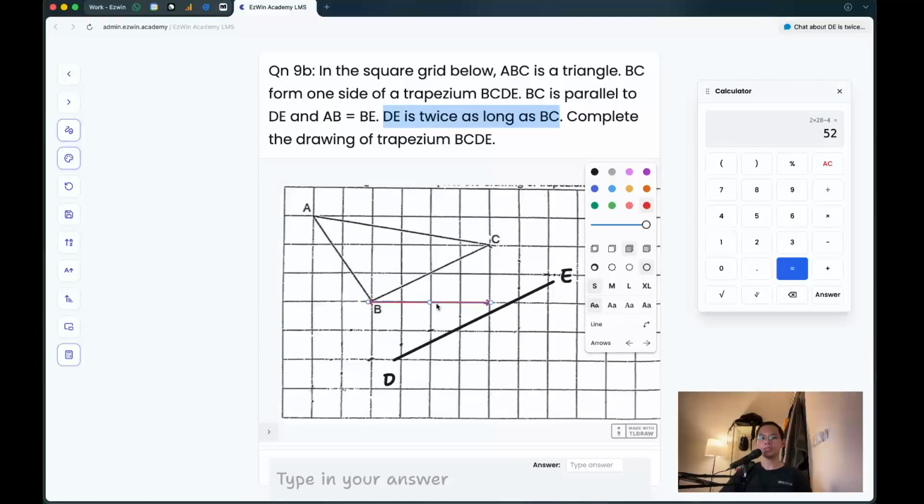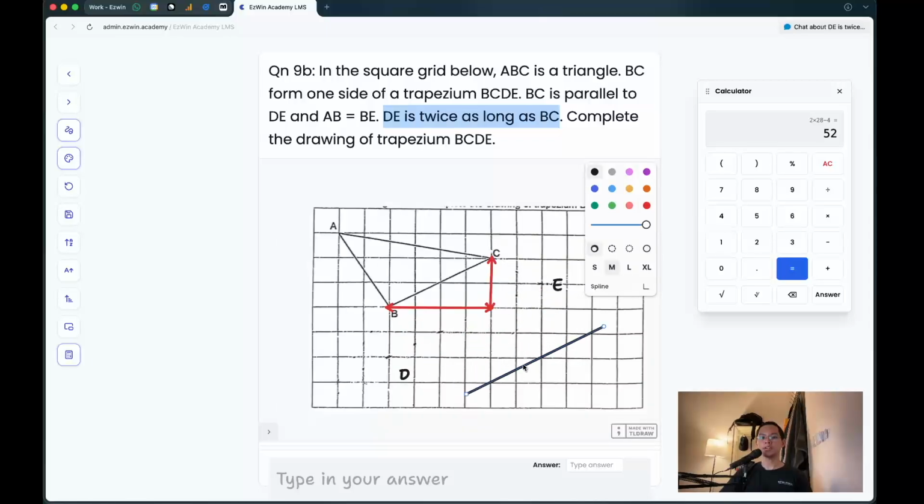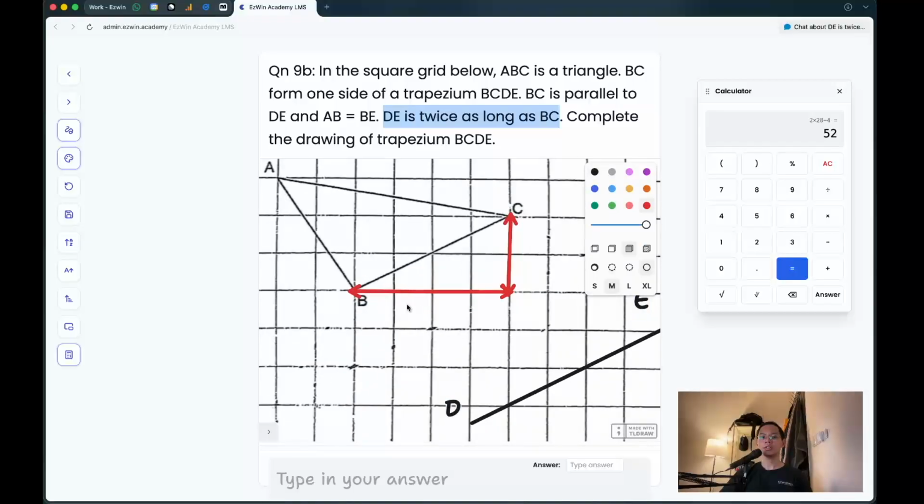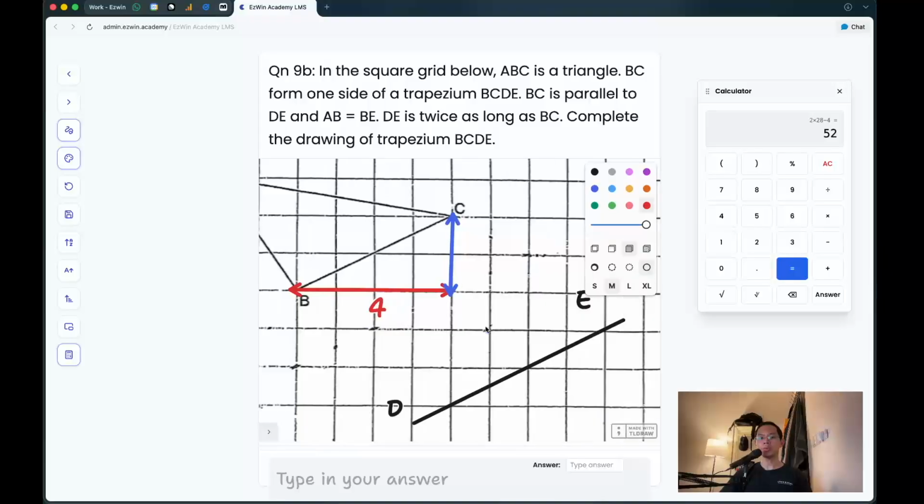I'm going to put this in red. The length of BC is just the horizontal and vertical distance. The base over here is 1, 2, 3, 4, so this will be 4 boxes wide, and this will be 2 boxes tall.